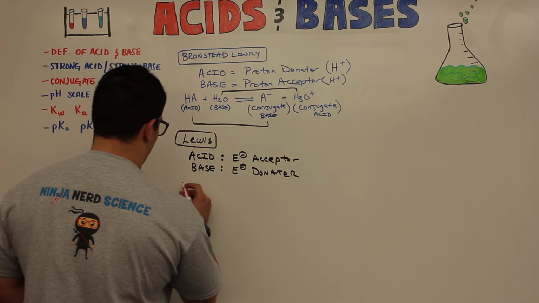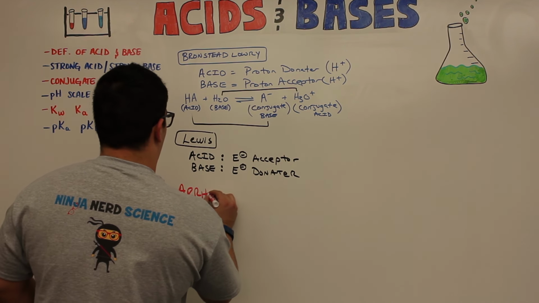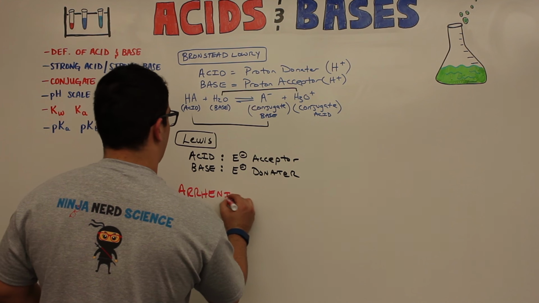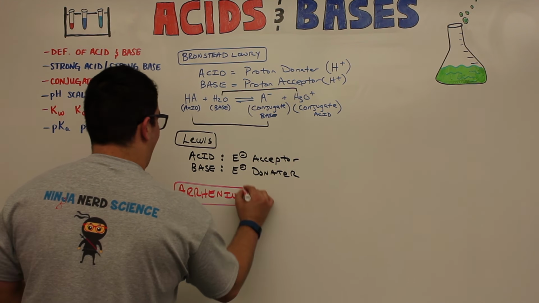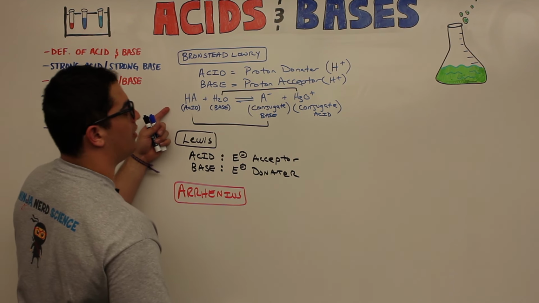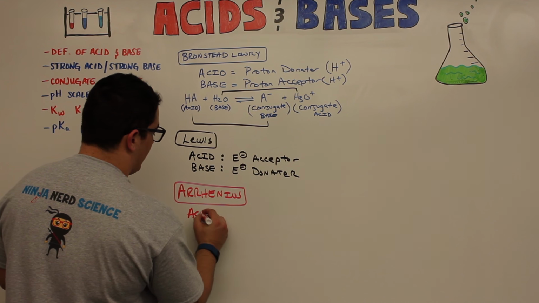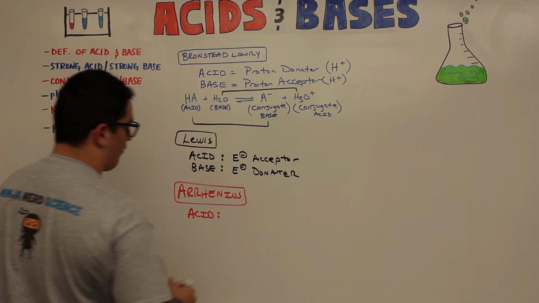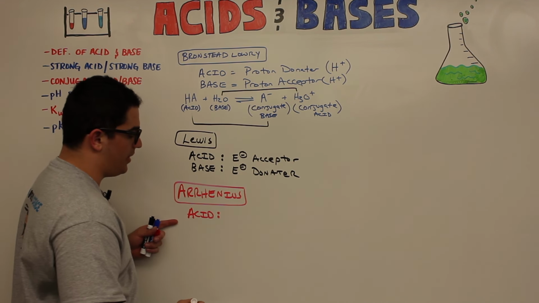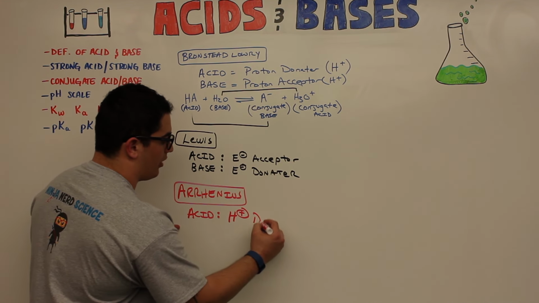So Arrhenius, he was the other guy that came up with this theory, right? And he said that an acid is a little bit more specific than just a proton donator. So Arrhenius said an acid is actually going to be a guy who has to give up a proton, so he is a proton donator.